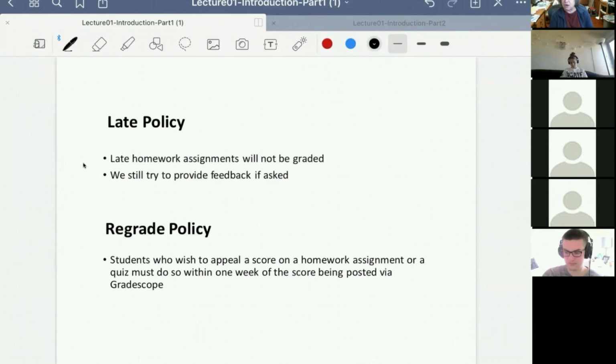That means if you don't look at Gradescope for a whole week or 8 days, and then you say, I just looked and I have a problem with this problem, that's not an excuse. You have to look at Gradescope shortly after the grades are posted, to give yourself time to look at your grades, to understand what you've got right and what you've got wrong.